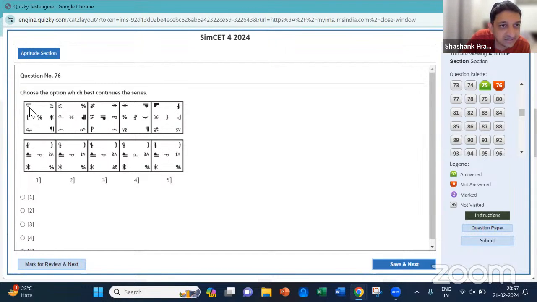Continues the series. So P goes here, then goes to the middle, then goes to the top. What happens to the top one? The top one comes to the left, and so on. And what happens to this one? It forms the mirror image. So this will come here and form the mirror image.